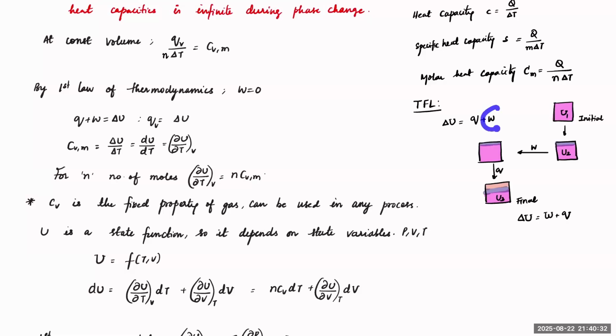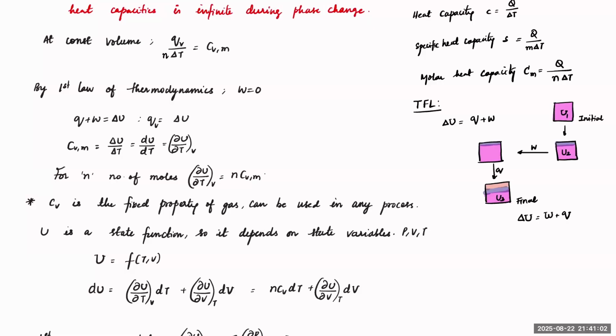Now, what is this work exactly? This W is an expansive work. Expansive work means where if you are doing some work, there should be some change in the volume of the system. Then we say it is expansive work. So there are many such processes where we try to do at constant volume.